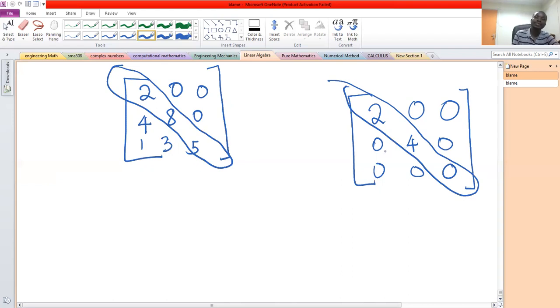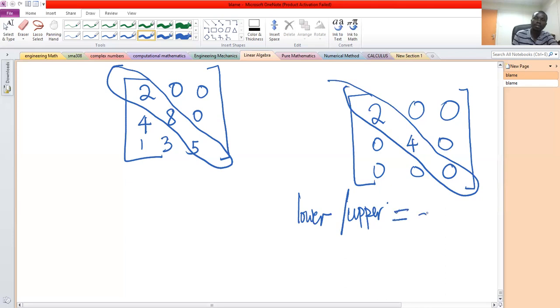And similarly, this is also upper triangular because every element below the main diagonal are zeros. So this specific example is both upper and lower triangular. And a matrix which is both lower and upper triangular is simply a diagonal matrix.